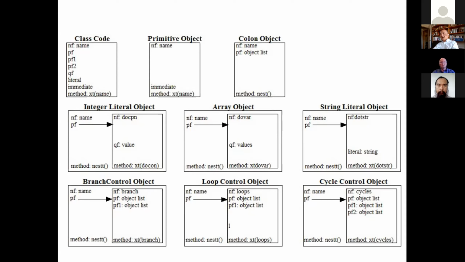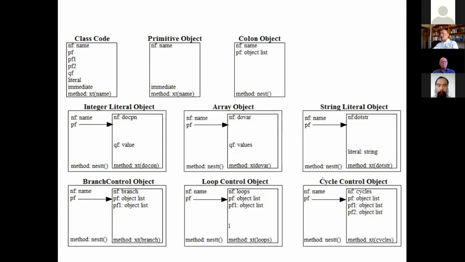And if you have a begin while repeat, then after the begin you execute the PF list, and after the while, you execute the object list in PF1. So this one takes care of begin again, begin until, and begin while repeat, these three different loop objects.